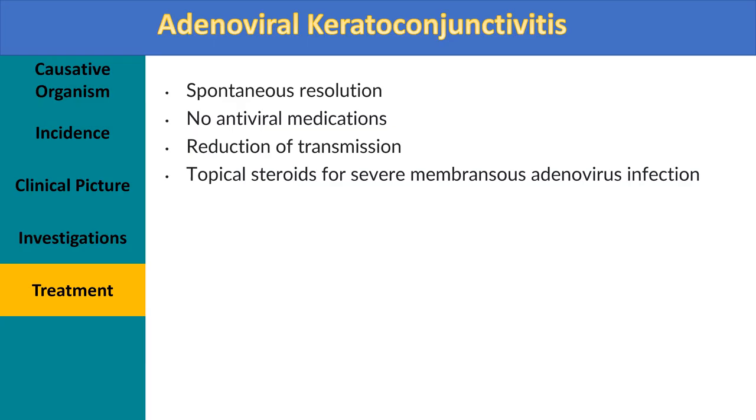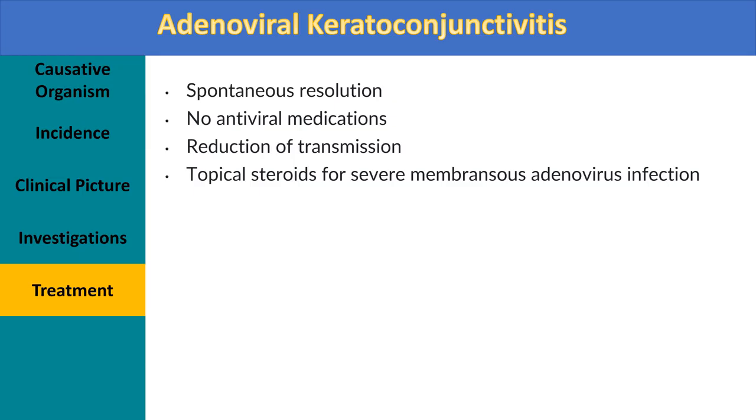Okay, so this will be, yes, for the subepithelial infiltrate. Even for those patients after resolution of the viral infection, when we see them later on, there is no acute infection, but they only have residual subepithelial infiltrates.